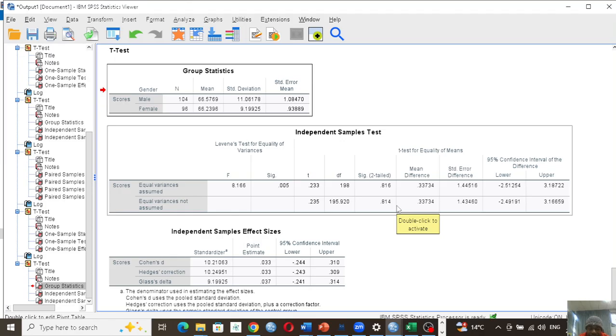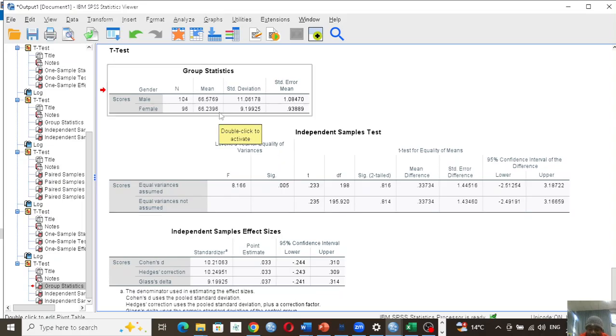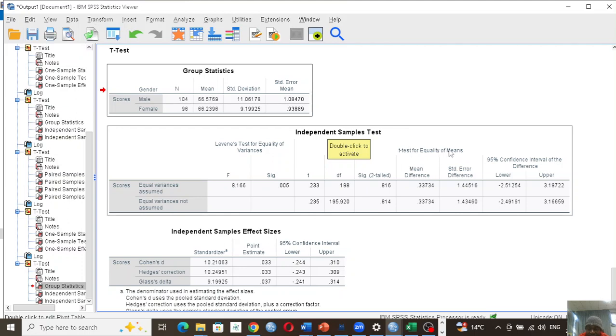So when it comes, you will see here, do not be confused. At this side, we have Levene's test for equality of variances. This is not checking the mean differences. And then the t-test for equality of means is what we use for the mean differences.